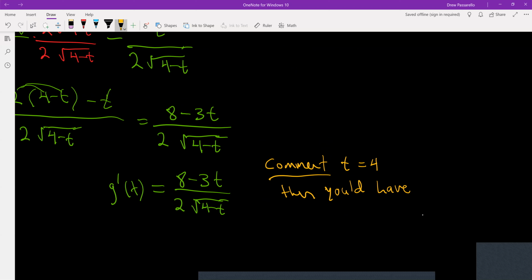And the square root of 0 is 0, so you do 2 times 0, which is 0. So basically, you would have 0 in the denominator when t is 4, which would mean it doesn't exist.